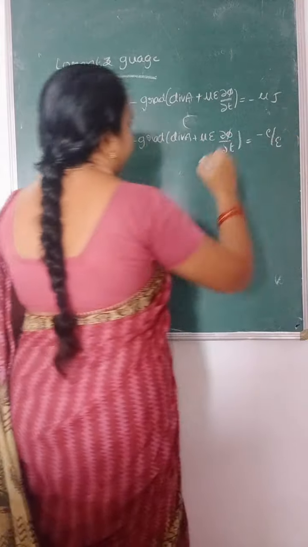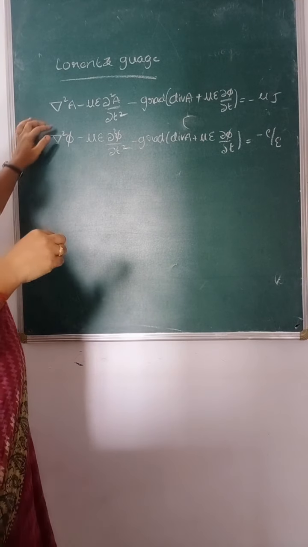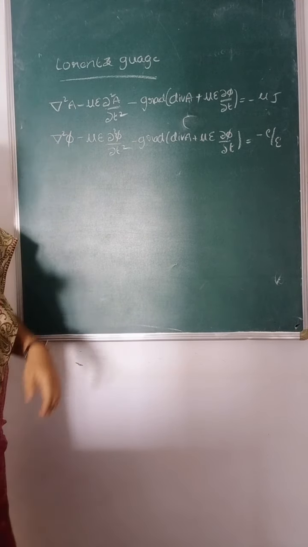These two are the Maxwell's equations in terms of electromagnetic vector and scalar potentials.